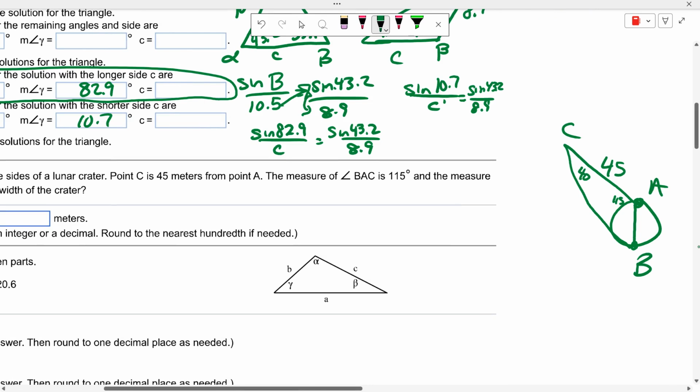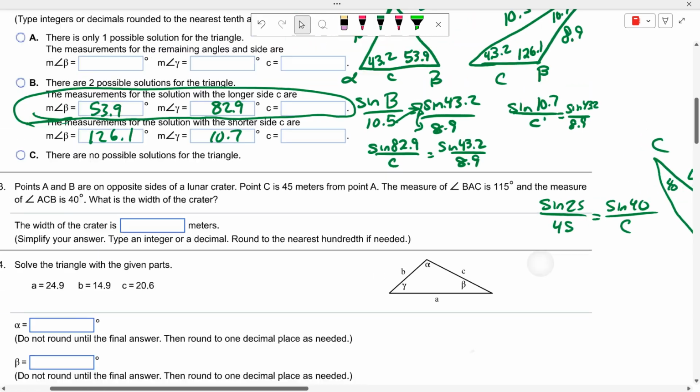So then we have to figure out angle B. Well, 40 plus 115 is 155, so that makes 25 for angle B. So then you do law of sines. The sine of 25 over its opposite side, 45, equals the sine of 40 over its opposite side, C. And that's the distance across the crater.